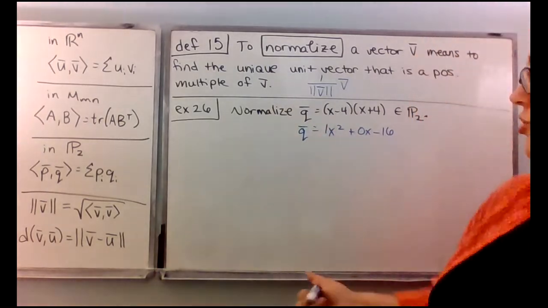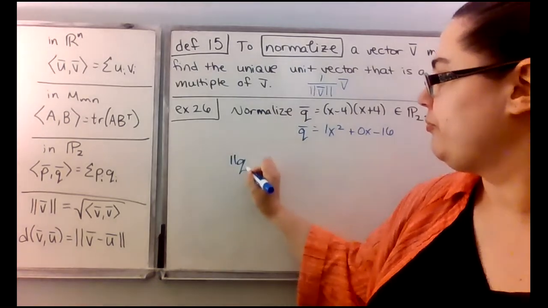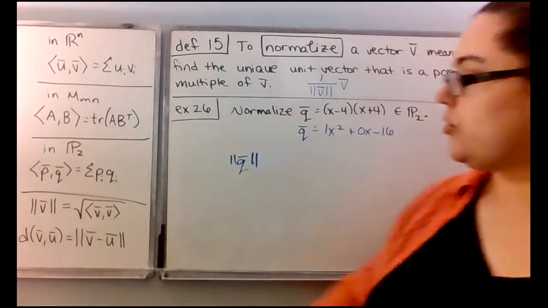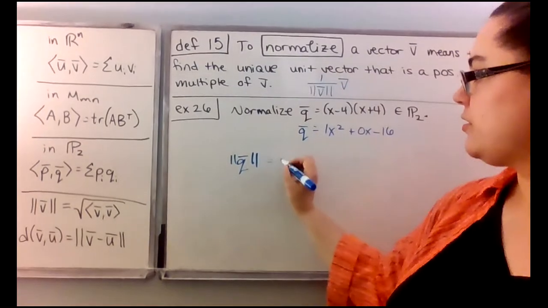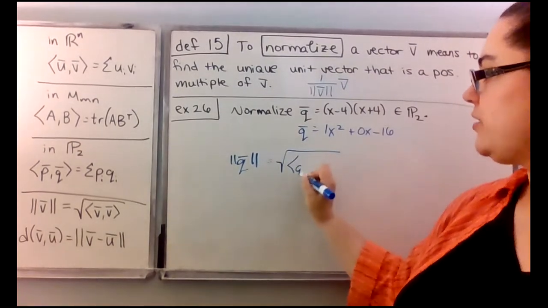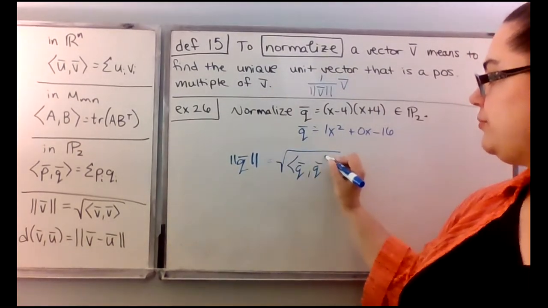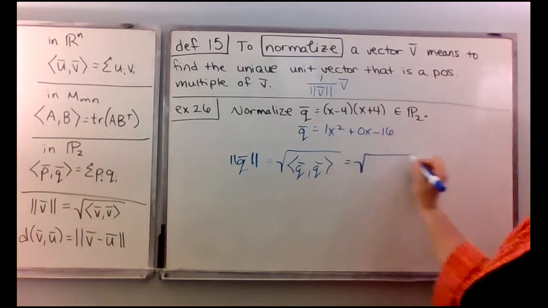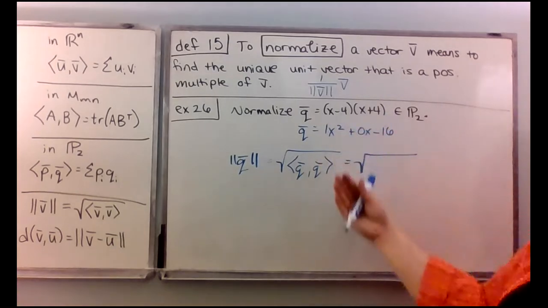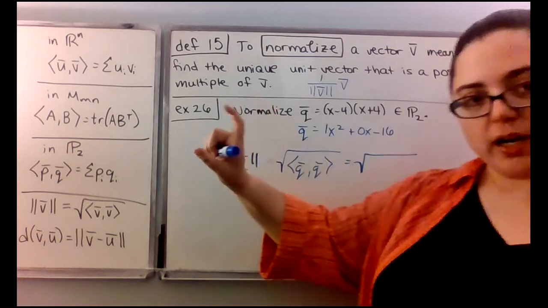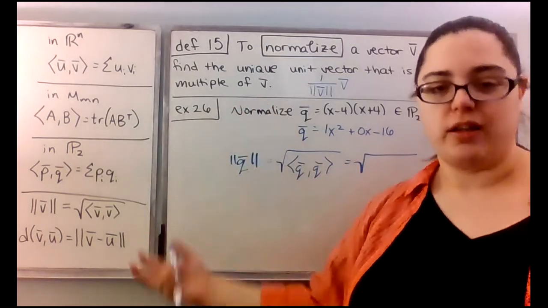So speaking of, let's find the norm of Q. The norm of Q is the square root of the inner product of Q with itself. Just like we did with our dot product, you square each component, so we're going to be squaring each coefficient.